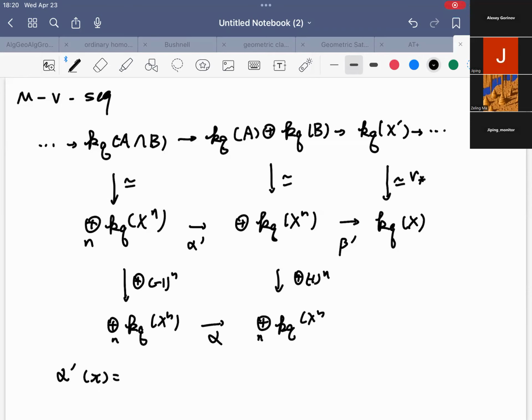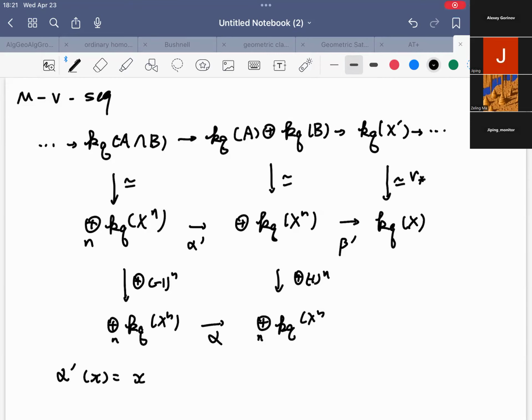You take x, because you know how to take this part. You go from A intersection B just to A and just to B. So maybe it's minus B, sorry.